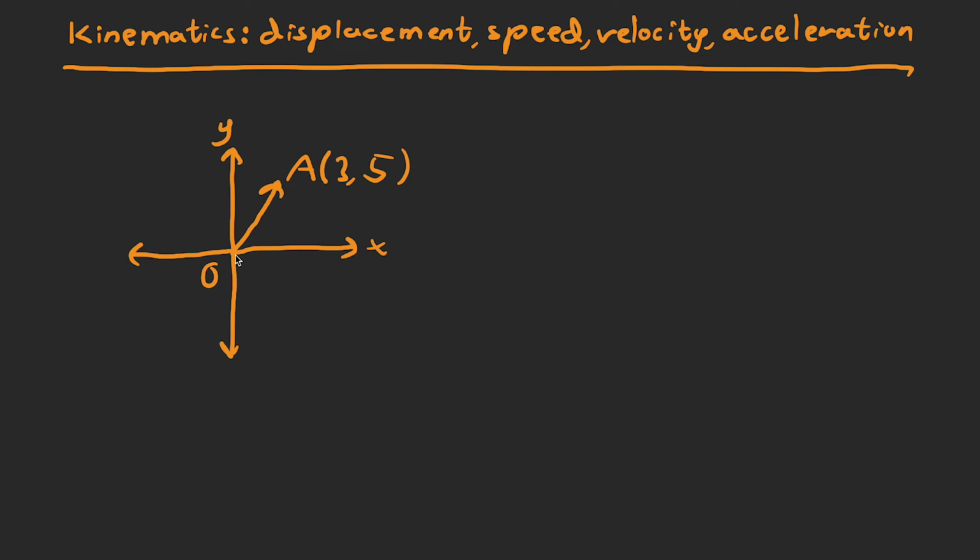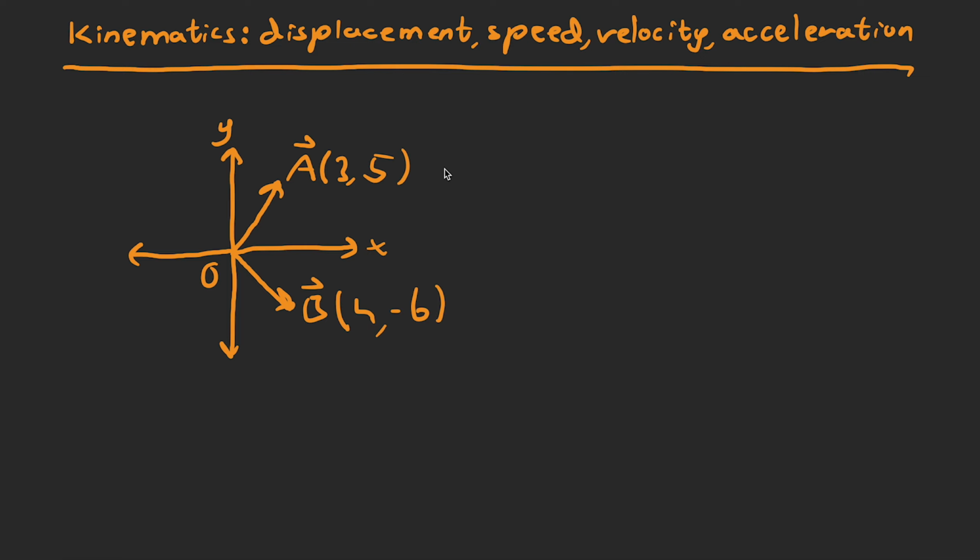Let's say that we had a second vector. Let's say that this is vector B, and let's say that this is 4 to, I don't know, -6. I mean, it's obviously not to scale, but that doesn't matter for now.